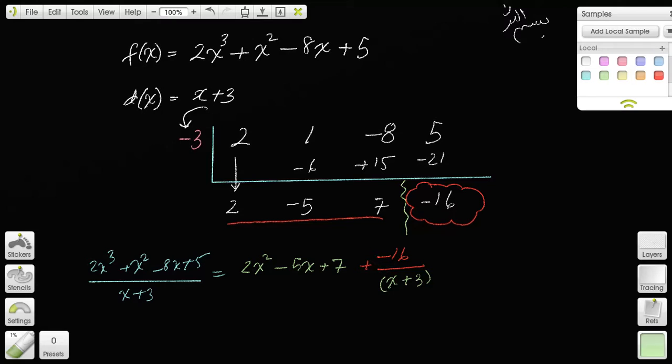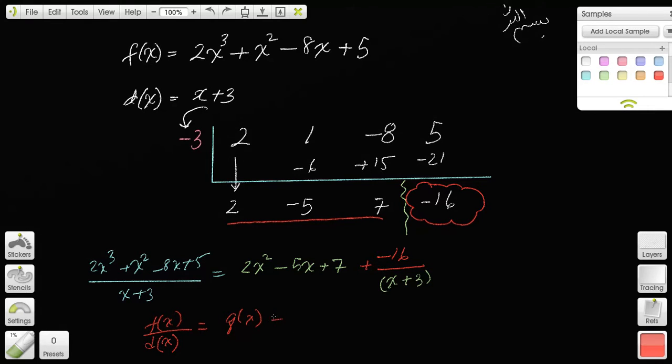Now if you look at this, this is f of x divided by a certain divisor, d of x. The resultant is a quotient, q of x, plus, now this is the remainder. So negative 16 is just the remainder of what? The remainder of f of k.